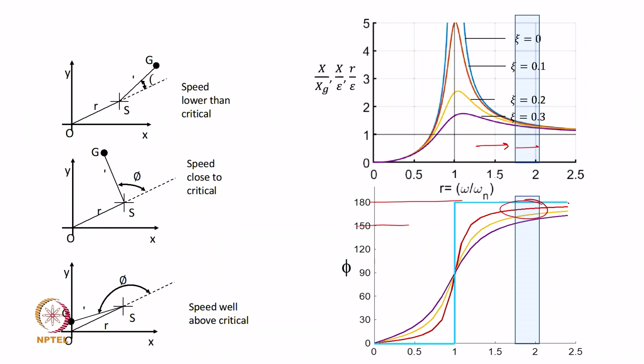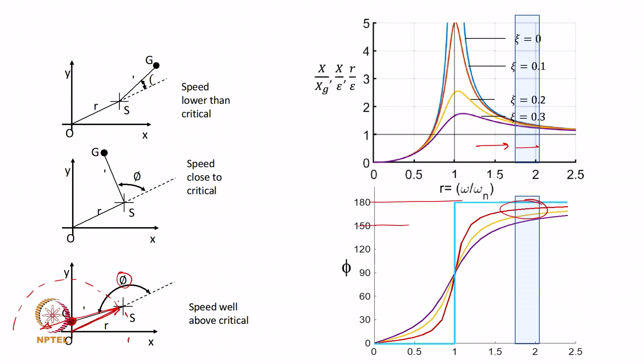Typically this angle phi for the case of operation post critical is going to be such that the mass center will flip inside. If the shaft whirls with this response amplitude, the mass is flipped inside, and theoretically at large speeds of operation this angle approaches 180 degrees. Theoretically, if the damping is 0, it actually coincides with this response vector, and so the force and response are almost in opposite phase.